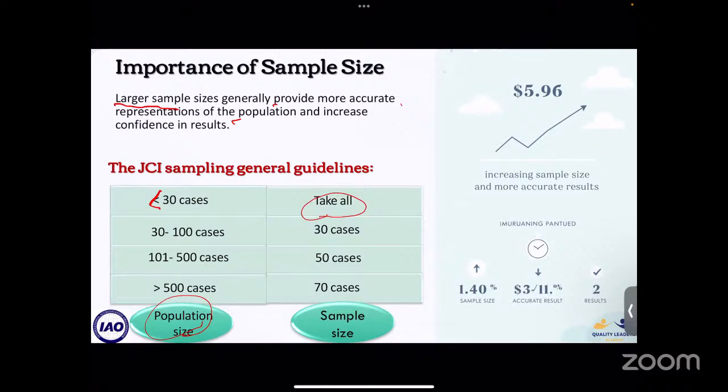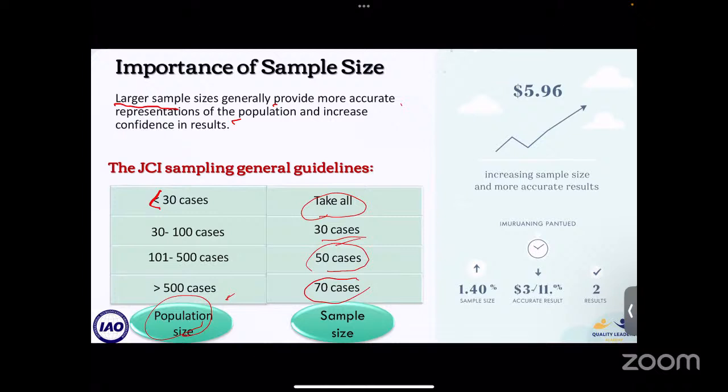What if your cases are between 30 and 100? Again, 30 cases. From 101 to 500 cases, you will take 50 cases. And if it is more than 500 cases, you will take 70 cases.